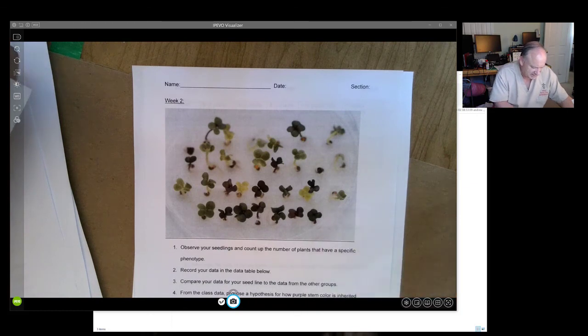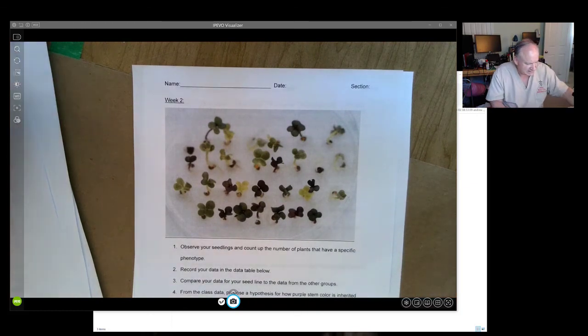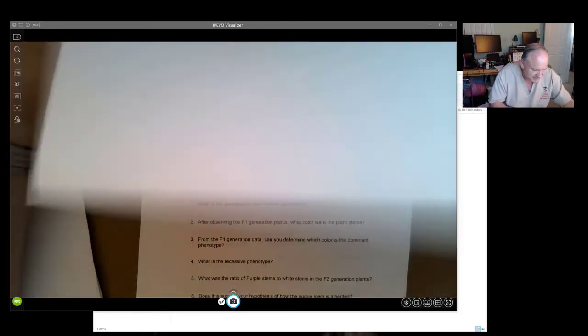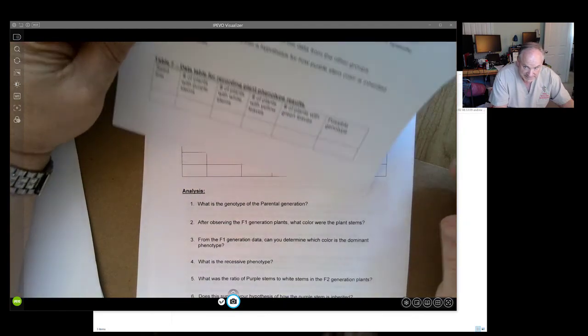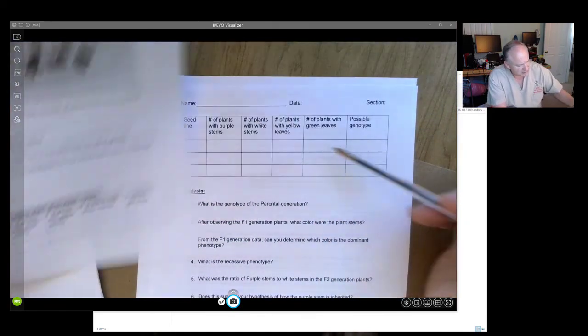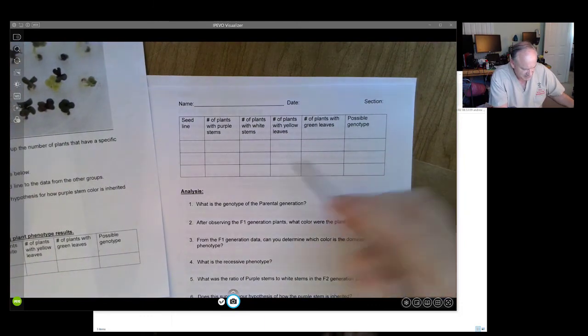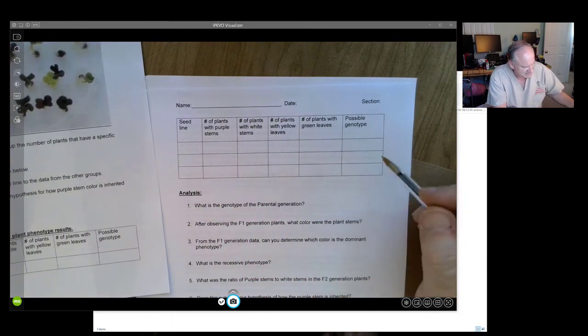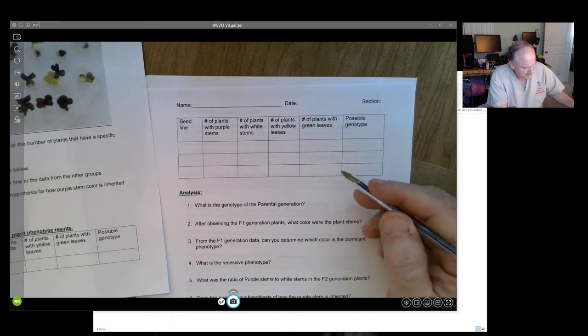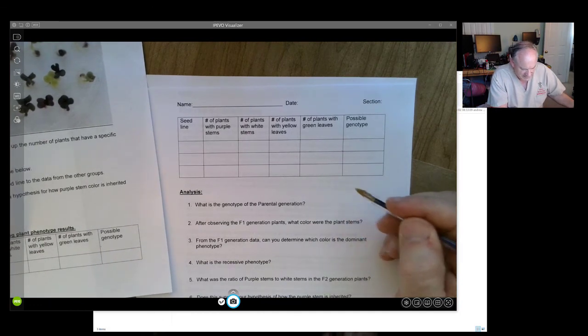You can write your data. Now, the table I fixed in your copy will be on the next page all together. What this means is just fill in the actual counts as you go through for each of the stems and seed lines, and then you can come up with a cross.